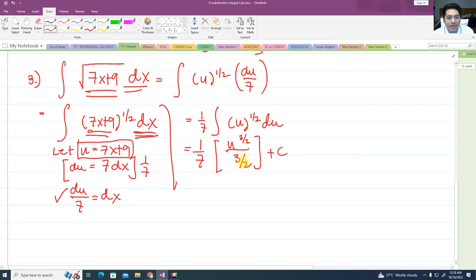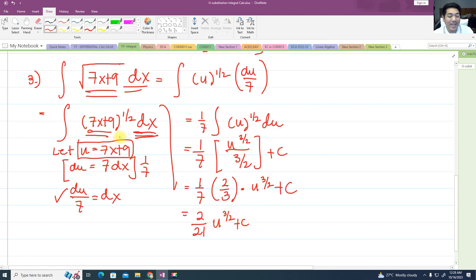To simplify, we can get the reciprocal and multiply it directly to u. So we have 1 over 7, the reciprocal 2/3, multiplied by u raised to 3/2. Numerator by numerator, we have 2 over 21 u raised to 3/2 plus c.